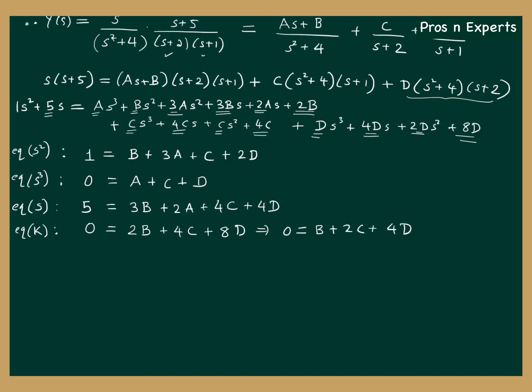So these are the 4 equations we have in a, b, c, d. 4 variables, 4 equations. You can find the values of a, b, c and d using many methods. You can use calculators which can process 4 equations and 4 unknowns, or you can eliminate variables, which would be a tedious process, or we can use a matrix method like Cramer's rule or row reduction to echelon form.